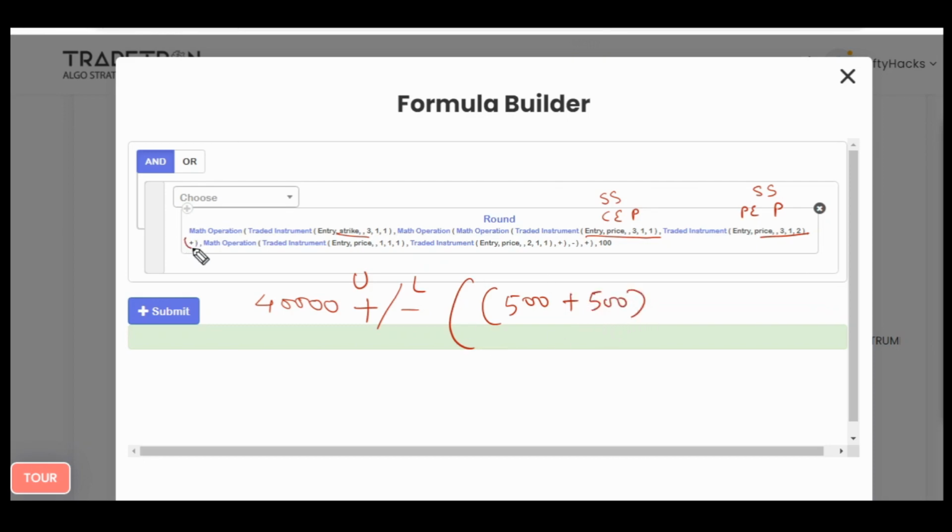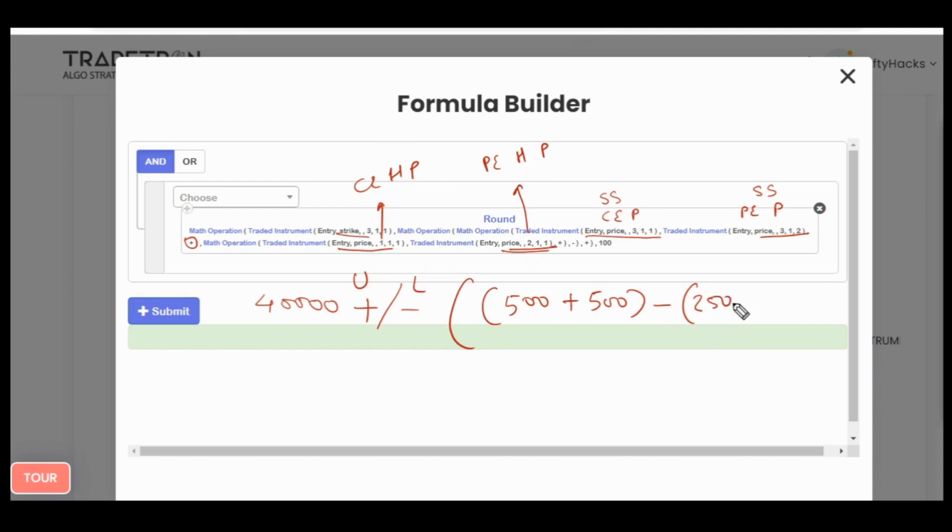So we have combined it here and we have done the minus math operation of our hedge entry price. So entry price 111 is nothing but our call hedge price, and entry price 211 means our set 2 first condition, which is our put hedge entry price, right?